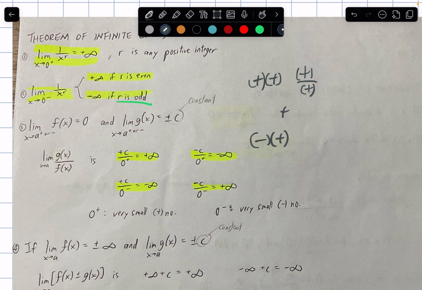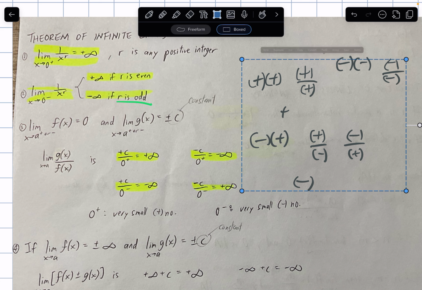But if they are opposite signs, it's going to be negative. Same concept here: one is positive, the other is negative, so it's going to equal negative infinity. What if both are negative? As shown in this scenario, it's going to be positive. As easy as that.